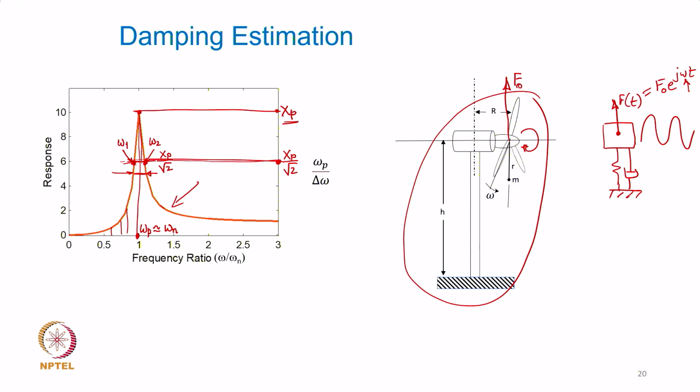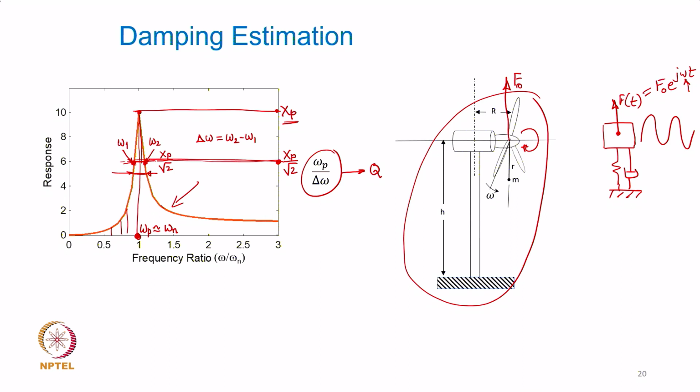Once I get these two values, I define the frequency bandwidth as omega 2 minus omega 1. If I take this ratio, the frequency at which peak response is observed over this frequency bandwidth, omega 2 minus omega 1, it can be shown that this ratio is the same as the quality factor.